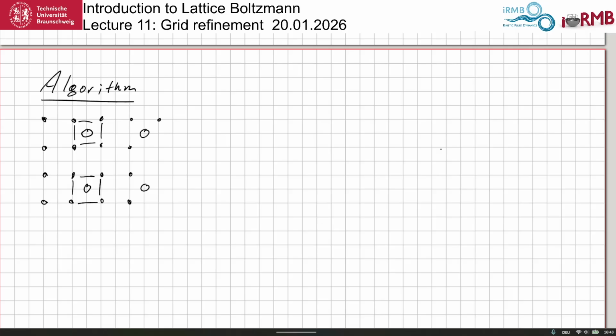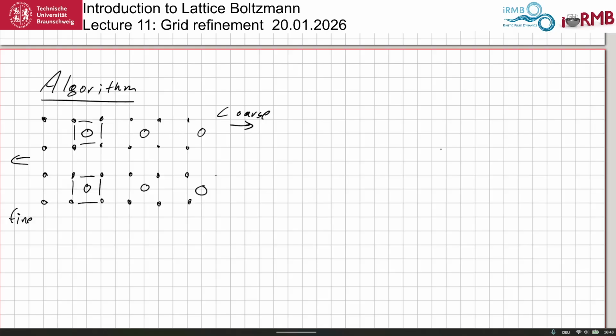So here's fine grid going on, and here's a fine grid coarse. Say we do it like this, that over here we have coarse and over here we have fine. So in this direction and in this direction, right?